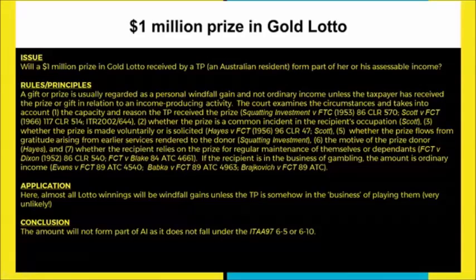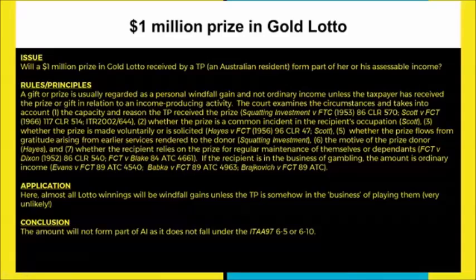Now the fifth and final simple receipt that we'll look at is everyone's favourite form of income, and that's winning the $1 million in the lotto. And the question there is, will that form part of assessable income? And the answer is no. It's what's known as a windfall gain. So gifts are usually deemed to be windfall gains unless there's some connection to an income producing activity.